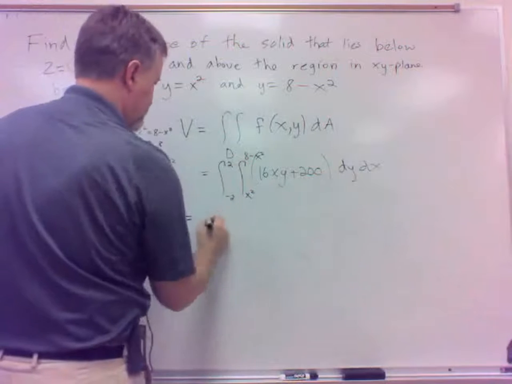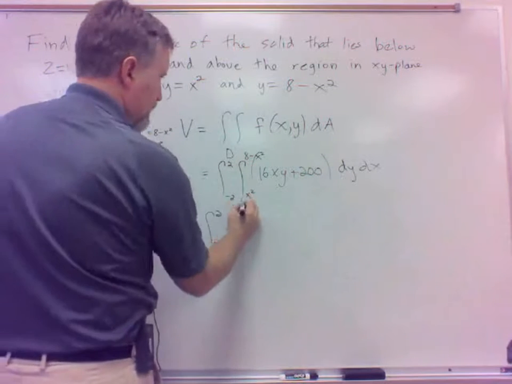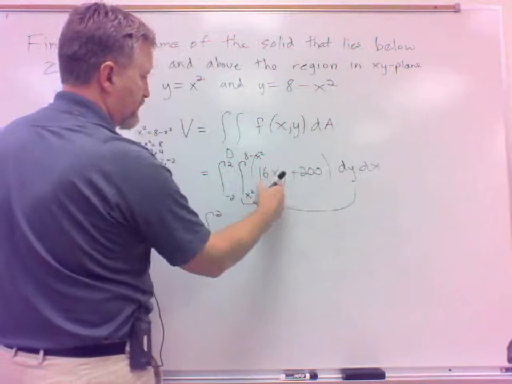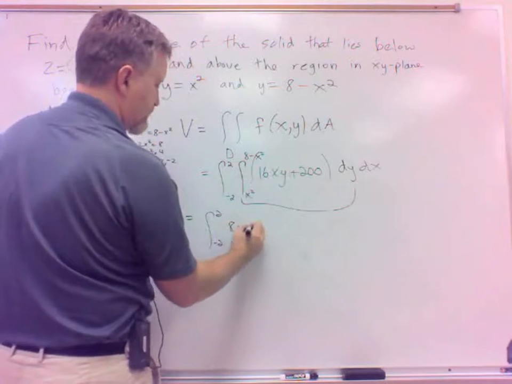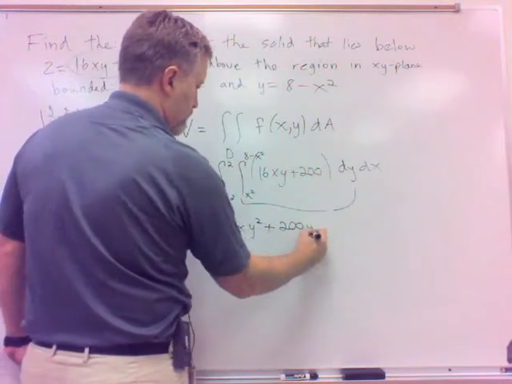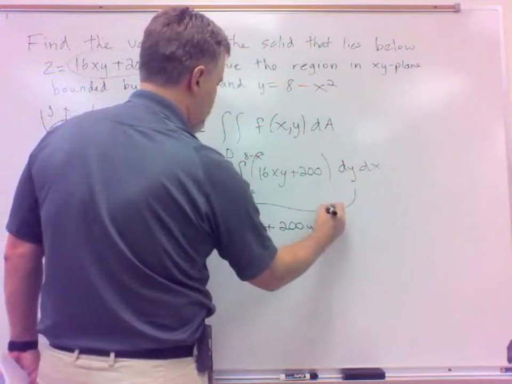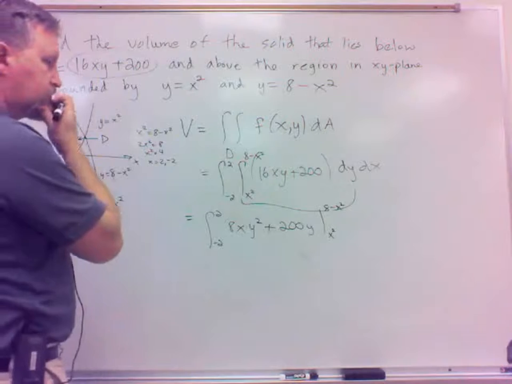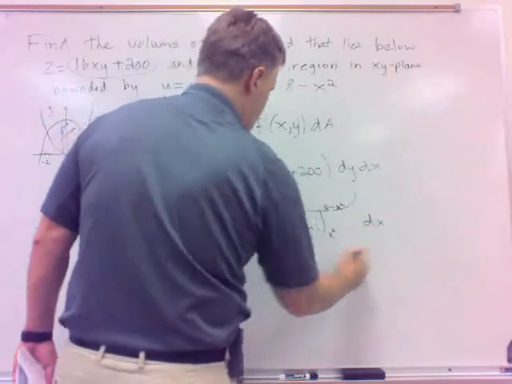Doing the y's first. So this integral, got the y, so it'd be y squared over 2, so it'd be 8xy squared plus 200y. Let that go from x squared to 8 minus x squared.